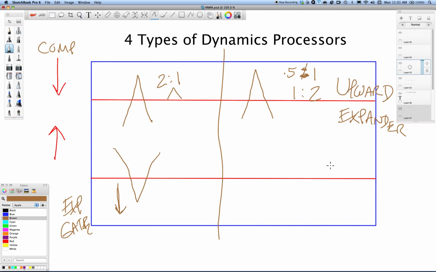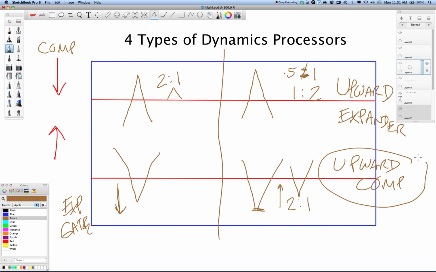The other form is upward compression. And upward compression can be applied in a few different ways, but fundamentally, signals below threshold would have a compression signal applied to them. So now you're dealing with, again, like a 2 to 1 ratio. So for every 2 dB below threshold, 1 dB comes out. So what that means is that this signal is actually getting pushed up higher, right? So the resultant output signal is closer to the audible range.